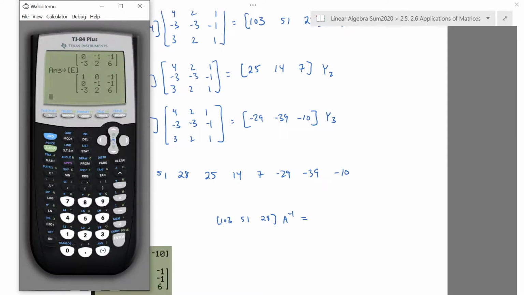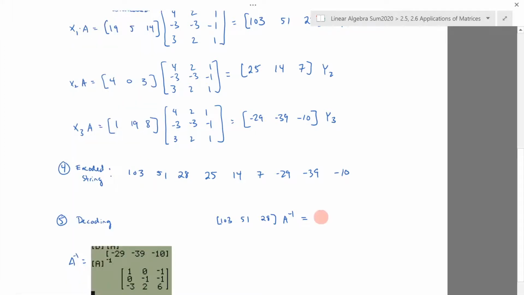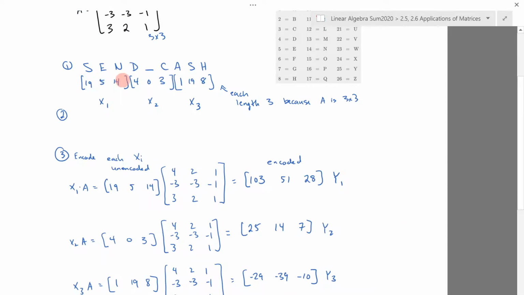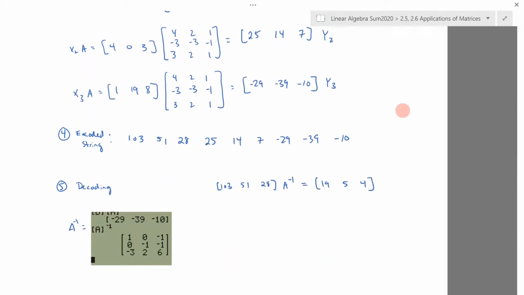This was F times A inverse, which was E. This is 19, 5, and 4. And you can see that this was the original vector, right? So exactly what we want. So this was y1. This gave me back x1.